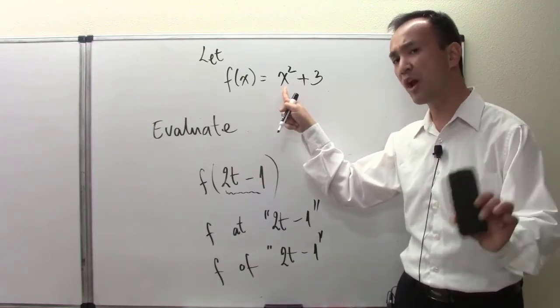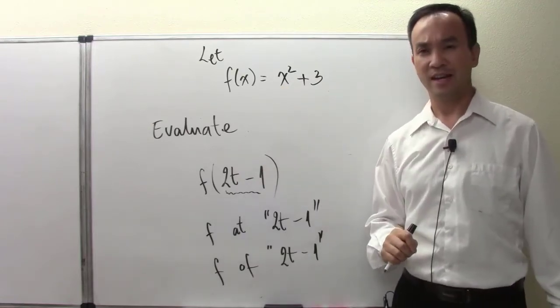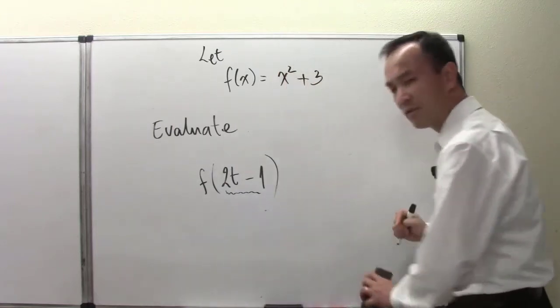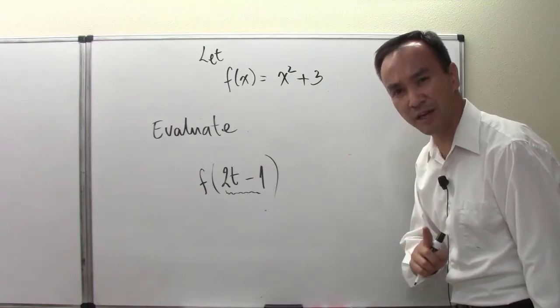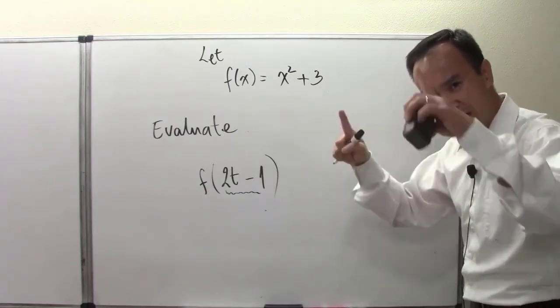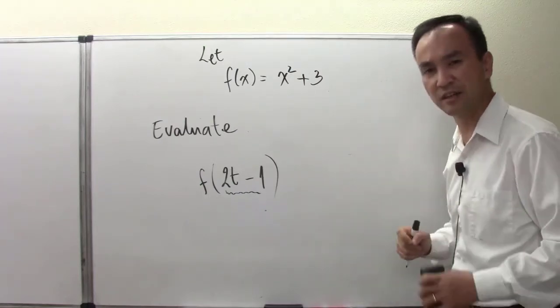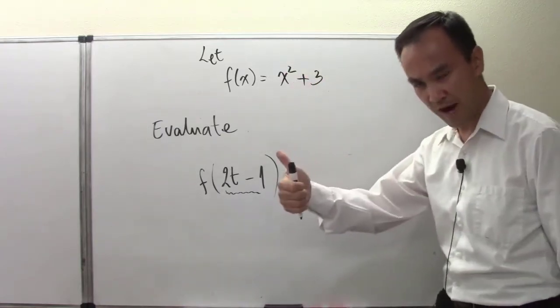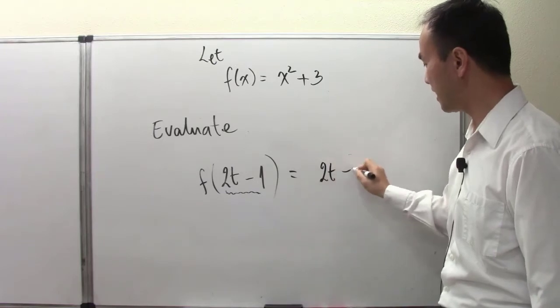It's going to replace the x. That's why it is extremely important that you stay with what I highly recommended earlier: put your entire input in a pair of parentheses. Good practice. 2t minus 1, that's your input for now.